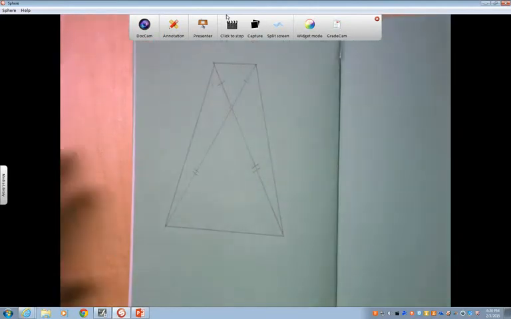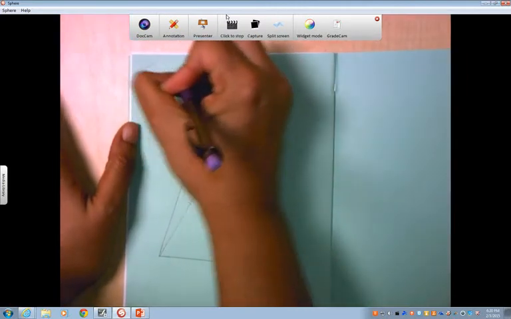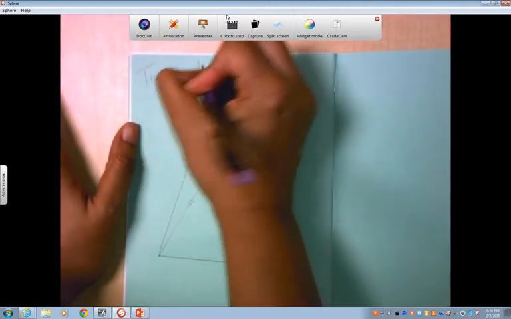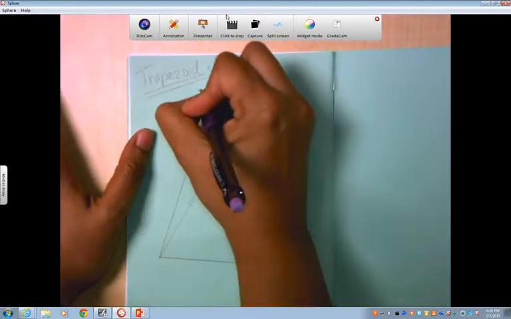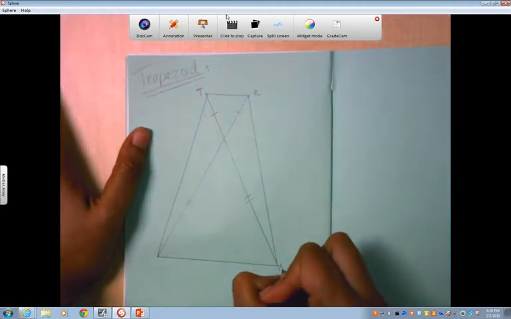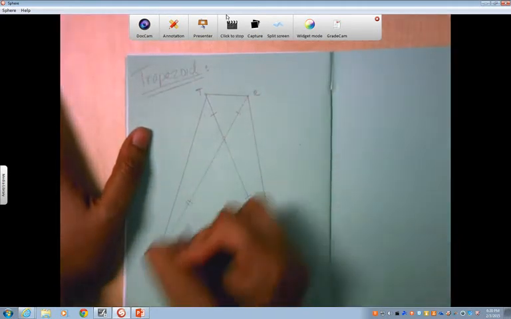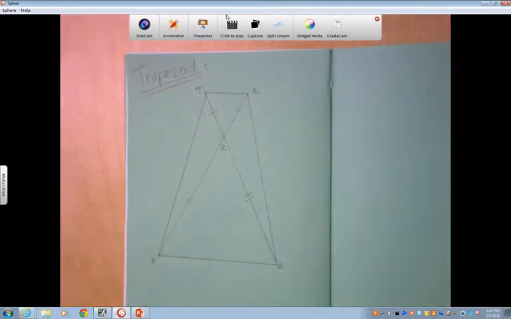Alright, so we're going to put T, R, A, P, and Z is the intersection. And also, I want you to number the angles just to help you see some relationships so we can pinpoint them a little bit faster.